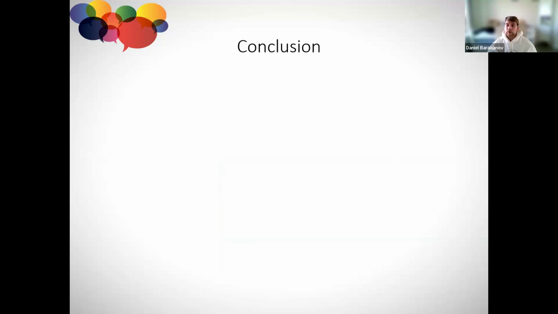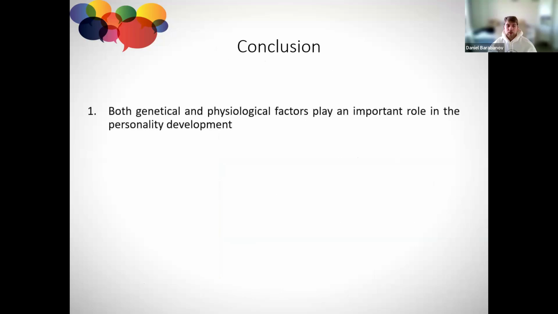So, conclusion. What can we say about the biological domain of personality psychology so far? Both genetic and physiological factors really play an important role in personality development. No one can deny that. It's an absolute fact.